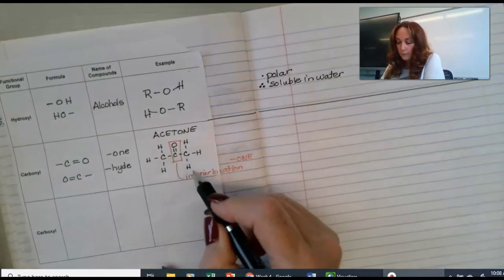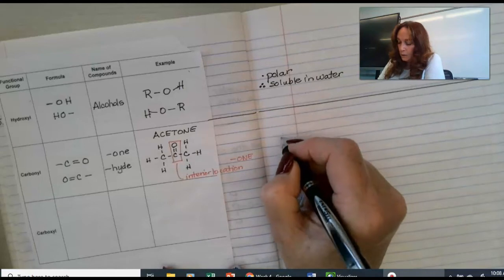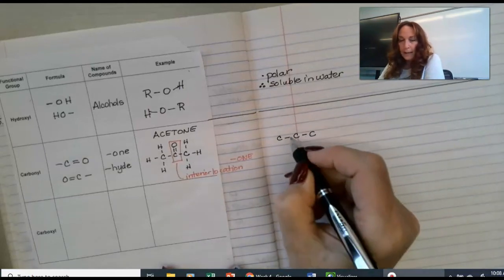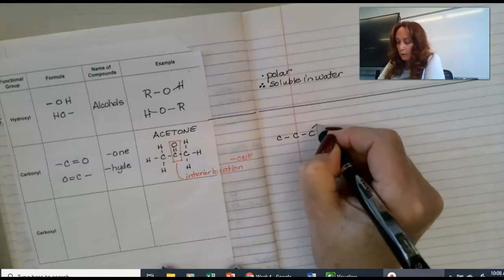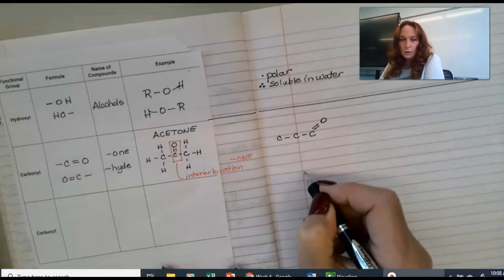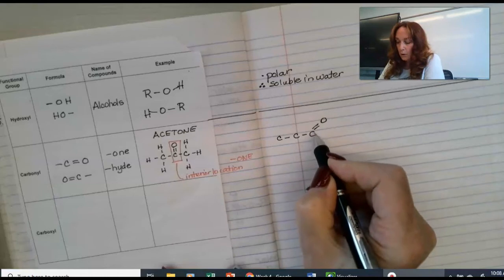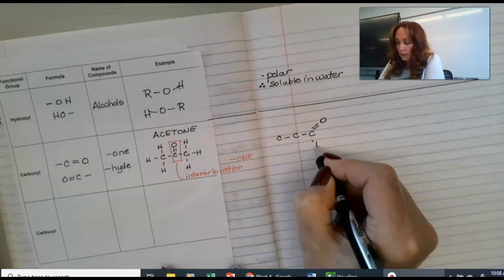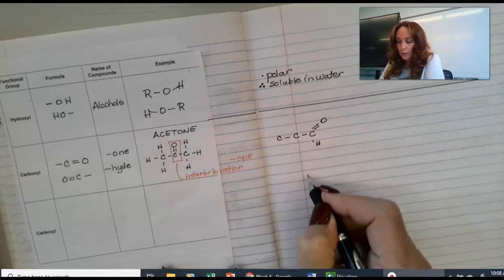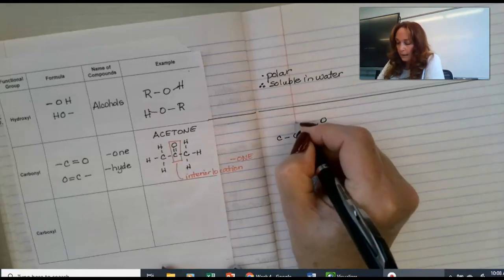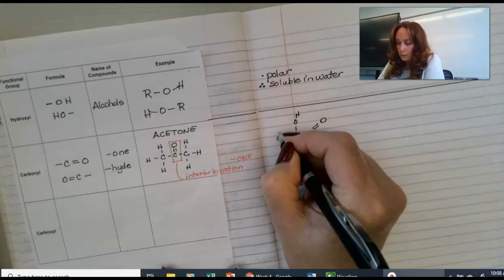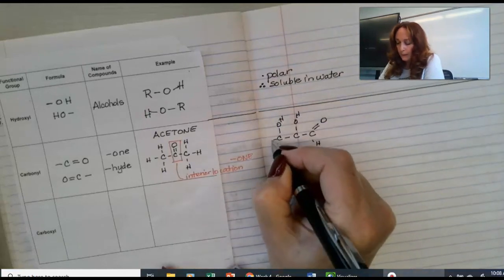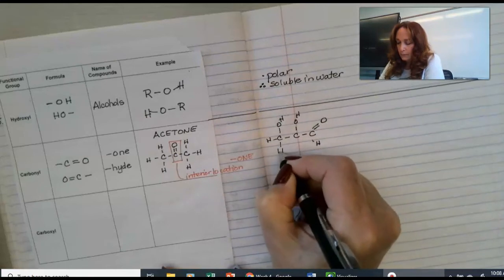Another one, very similar if you think about it, you're going to have 3 carbons, and this time the carbonyl is on an exterior carbon. So this carbon has 1, 2, 3, so it has the potential for yet another hydrogen, and then we're going to have hydroxyl groups, and then the rest will be hydrogens.